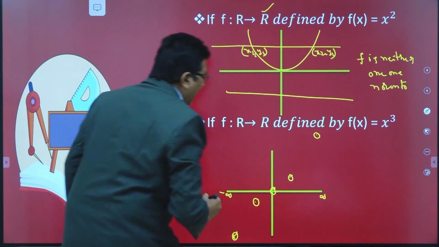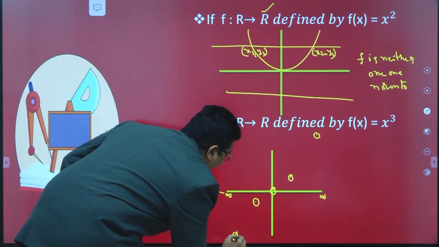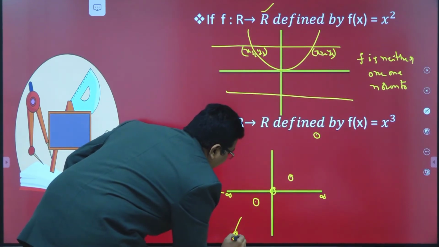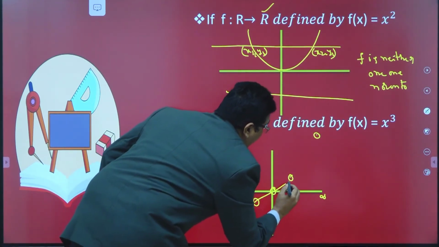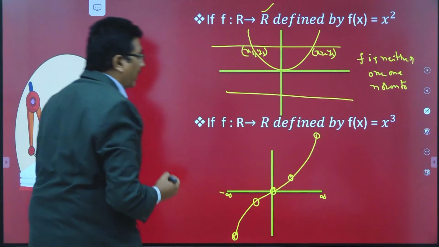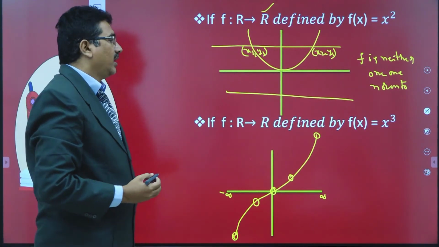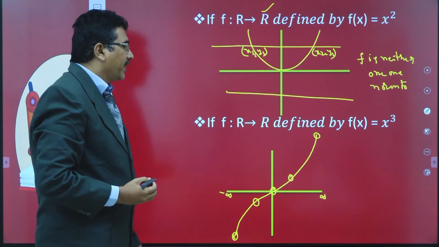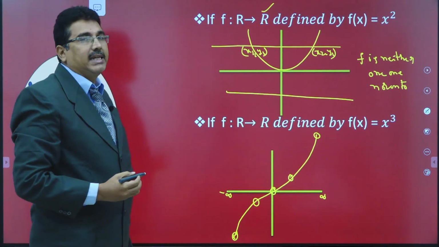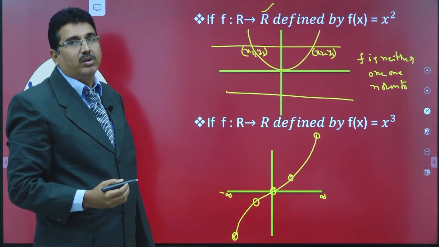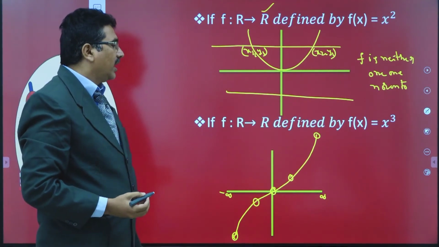Now join these points to get a graph of f of x is equal to x cube. Now verify this is 1-1, onto and bijective.